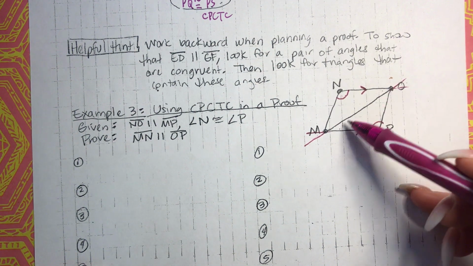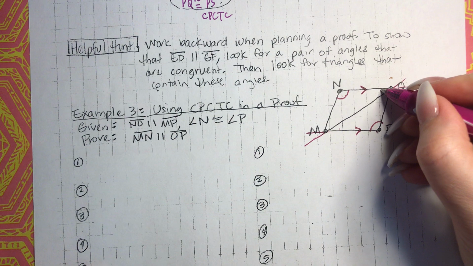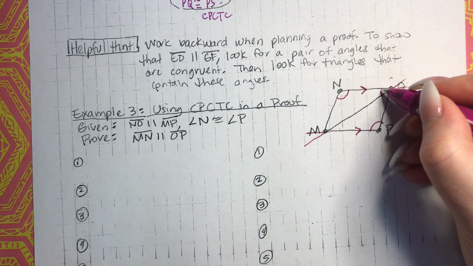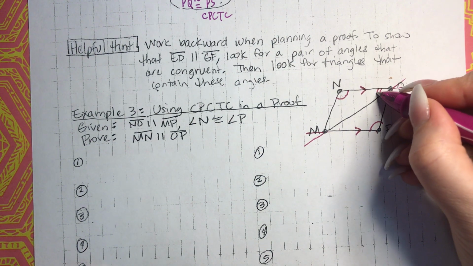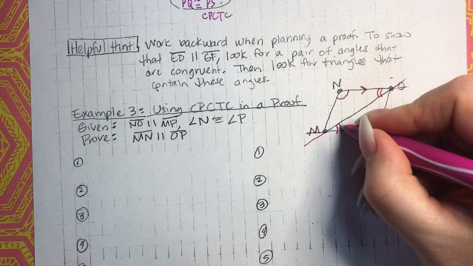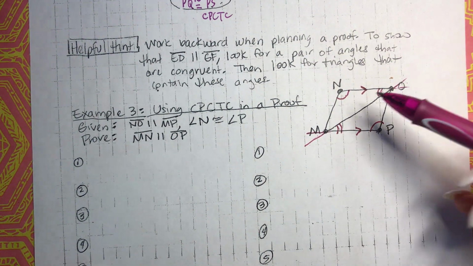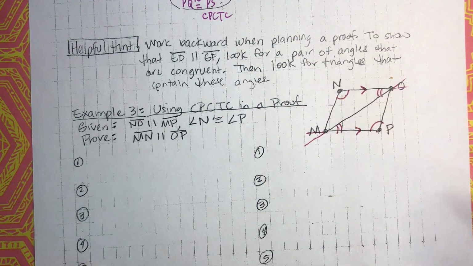So we could say that those angles would end up being congruent by the alternate interior angles theorem. So we'd have this angle, we'd have this angle. What else? Do you see anything else?